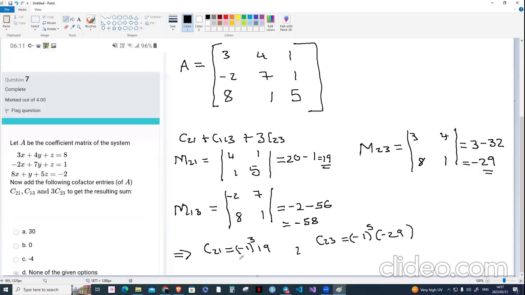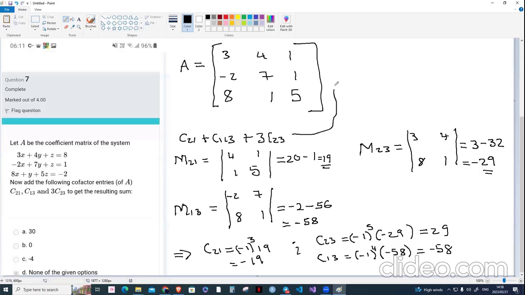Then this will be negative 19. And then a negative times a negative will be 29. Then C13 will be minus 58. This will be positive, this will be negative, minus 58.